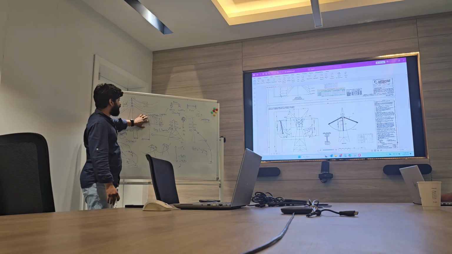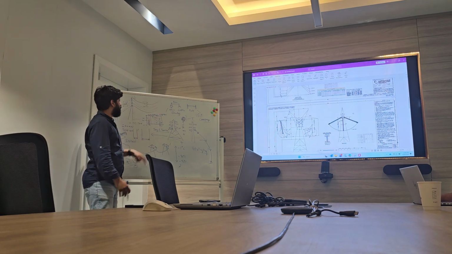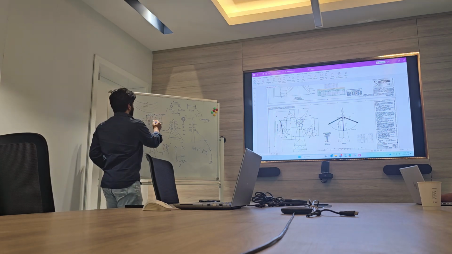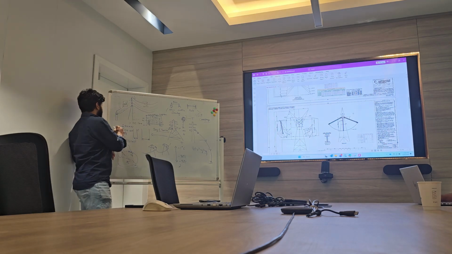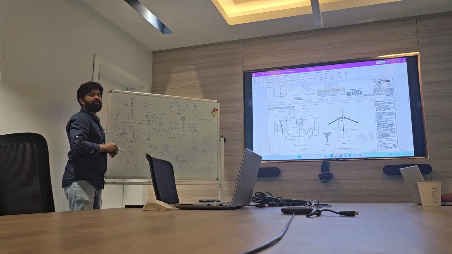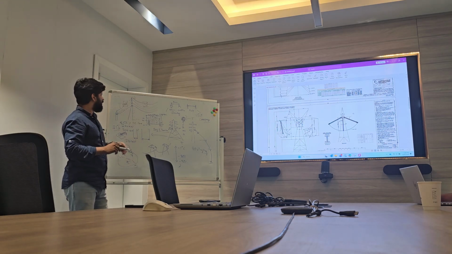Now, based on this sag and tension data, we make a table for conductor design tension. For Jory conductor, we have used up to 21% of UTS value to design the tower and the line.